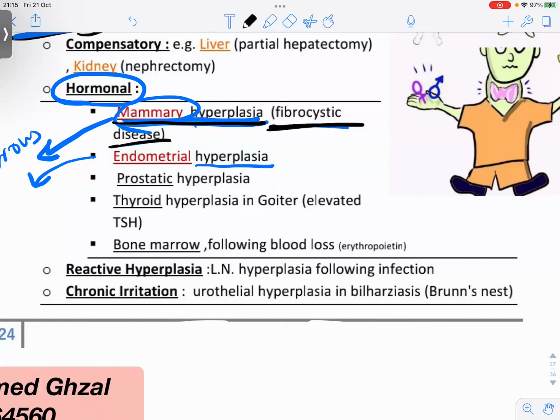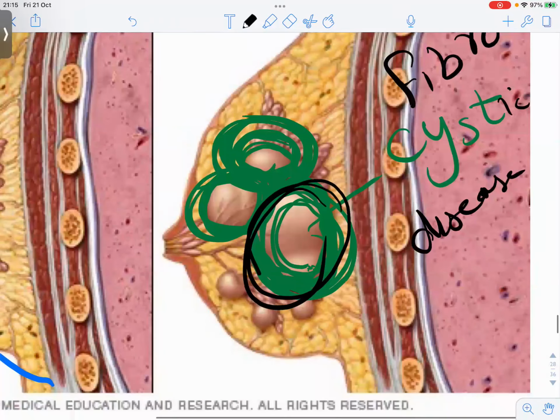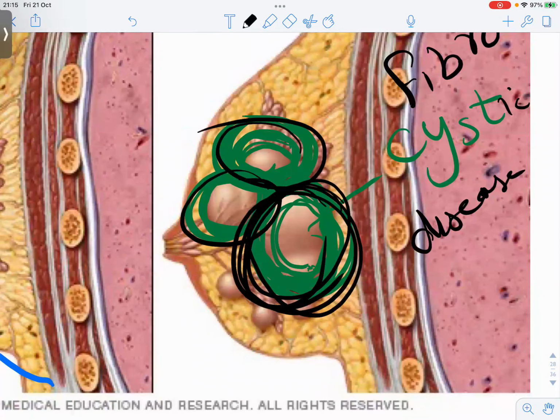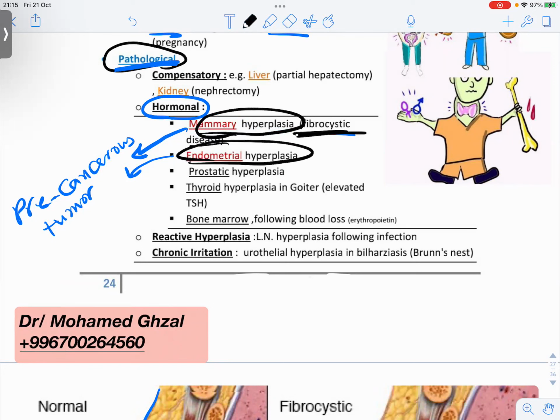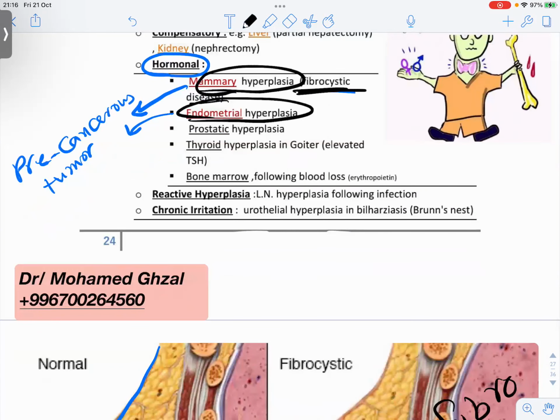Because estrogen can increase the formation of fibers inside the breast and also can cause dilatation of the ducts, and we can form cysts with fibers, so we call it fibrocystic disease or mammary hyperplasia, the old name. And both of them, and endometrial hyperplasia, are very dangerous and they are precancerous. They are precancerous because estrogen can increase the number of cells too much, and after that the woman can get cancer.